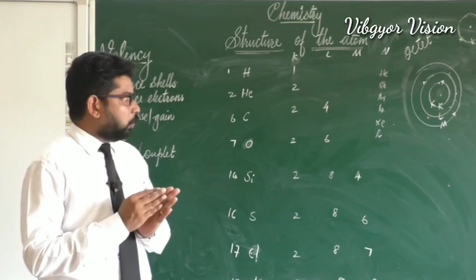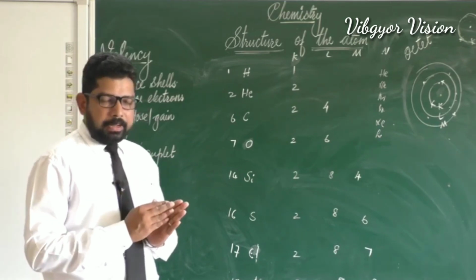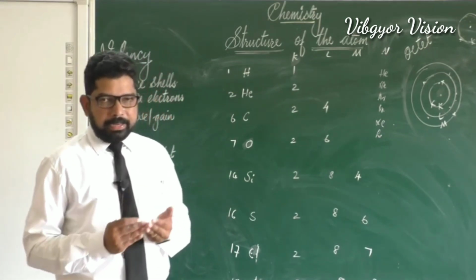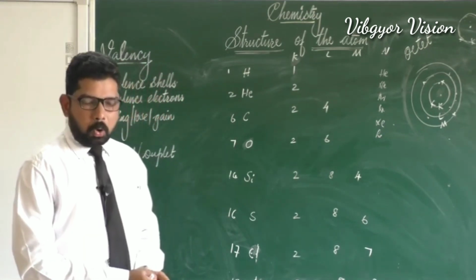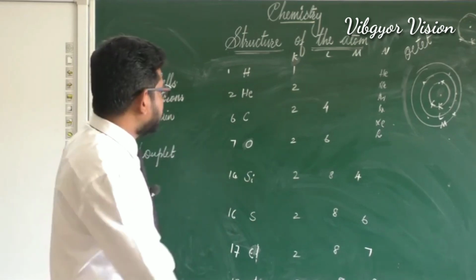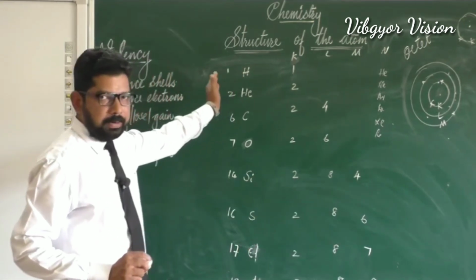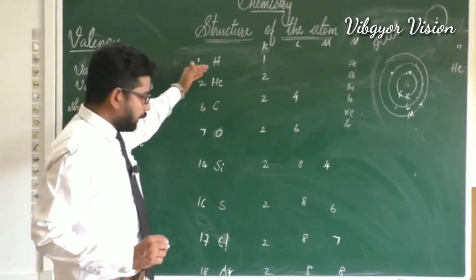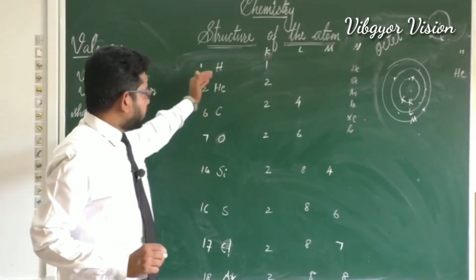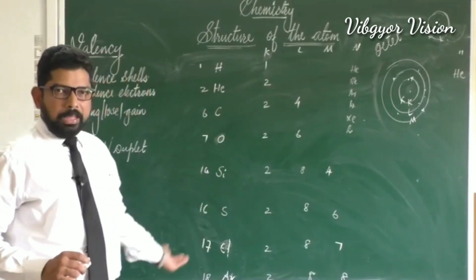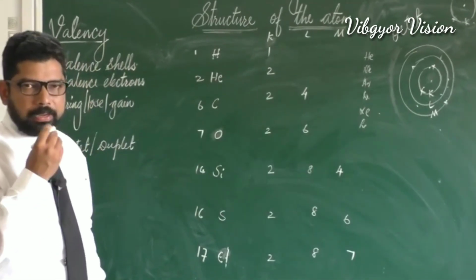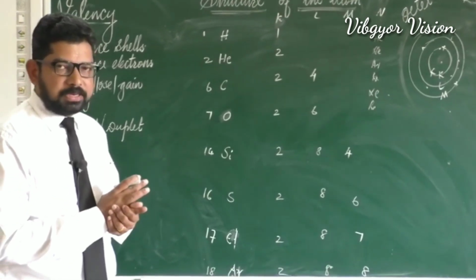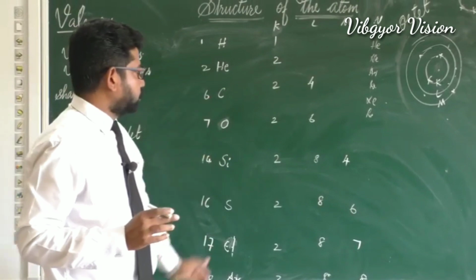To get it, they have to share electrons, gain electrons, or lose electrons. Let us go through the table. A detailed table is given in your textbook; here I have randomly selected only a few elements. If you understand one or two, you can get a clear idea and work out the valency of all the elements given in your textbook.